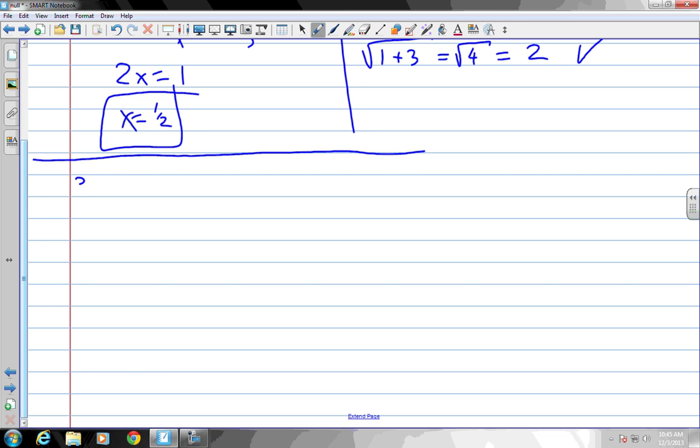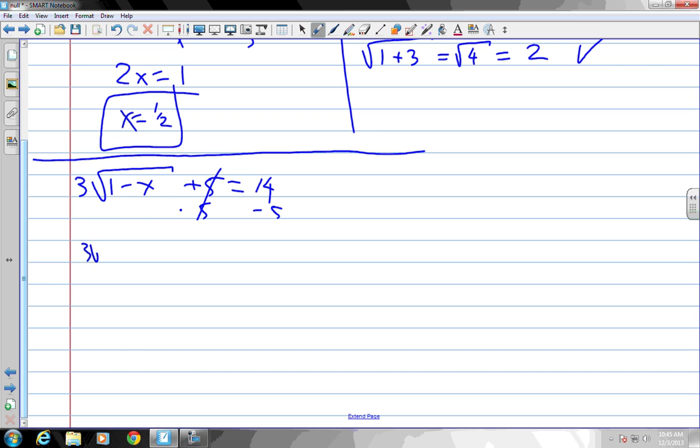Now here's another example. 3 times the square root of 1 minus x, plus 5 equals 14. So the first step is asking us to isolate the radical. So it's not isolated, so I have to subtract 5.